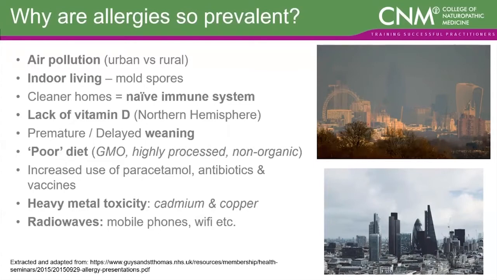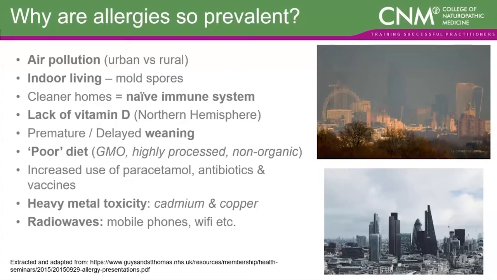And then, of course, the angle of vaccination. This is not only looking at vaccinations with regards to the introduction of foreign antigens into the little one, but also the adjuvants, the additional chemicals which we have in vaccines. So the issue around vaccines is twofold. We're looking both at the variable antigens within the vaccine, but also the variable vaccine adjuvants, the additional things like formaldehyde, aluminium, antibiotics, all of these other chemicals.